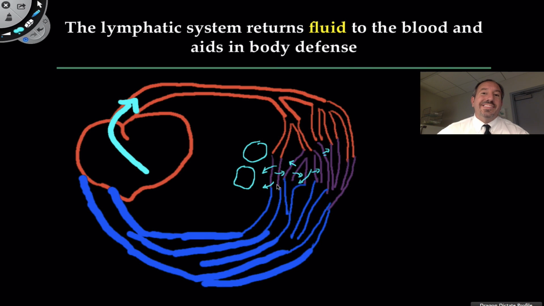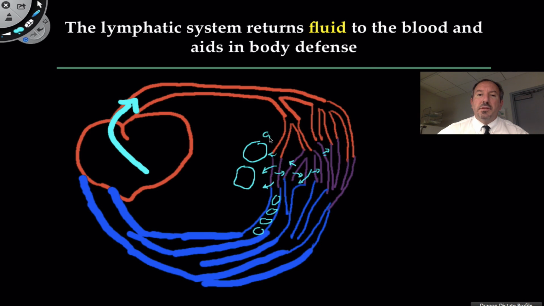Now, what doesn't leave the circulatory system are larger cells. And so I'll just stay with this color. The larger cells, the red blood cells, are staying within the bloodstream. Now, you may recall white blood cells have the ability to leave the circulatory system. So they're able to travel out of these small passageways between cells in the capillary.